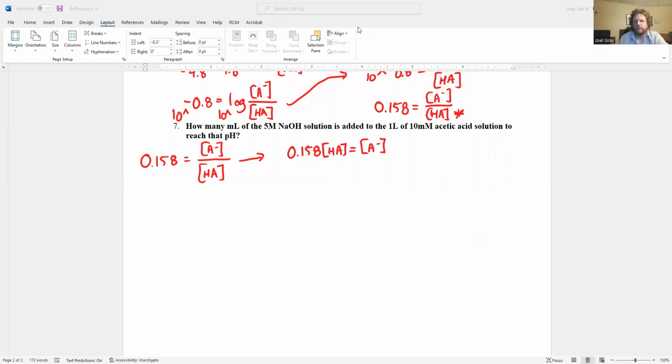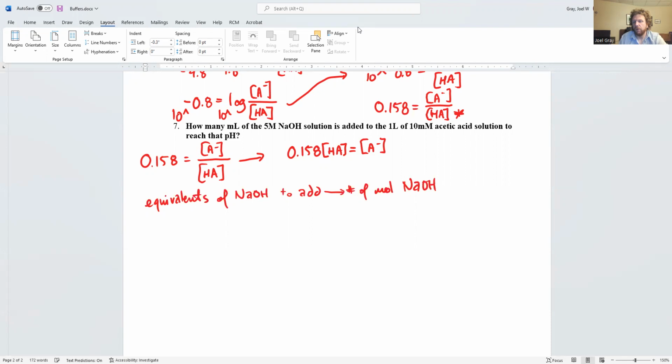Now that we have this number, what we're trying to figure out is the equivalence of NaOH to add, because as soon as we find the equivalence, we can figure out the number of moles of NaOH needed.